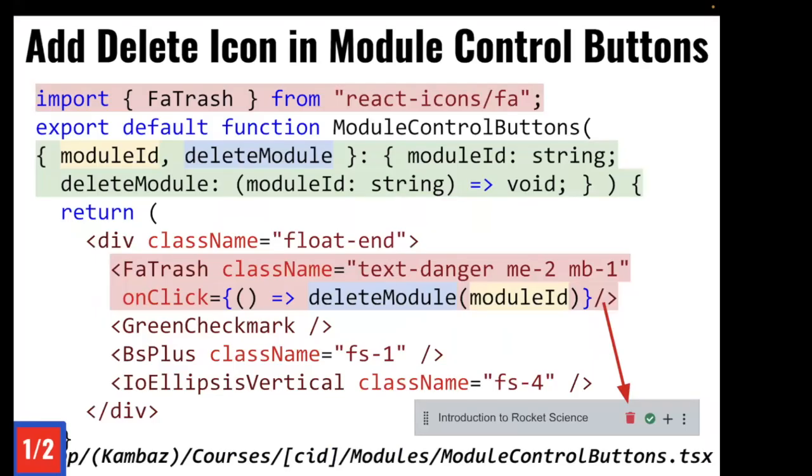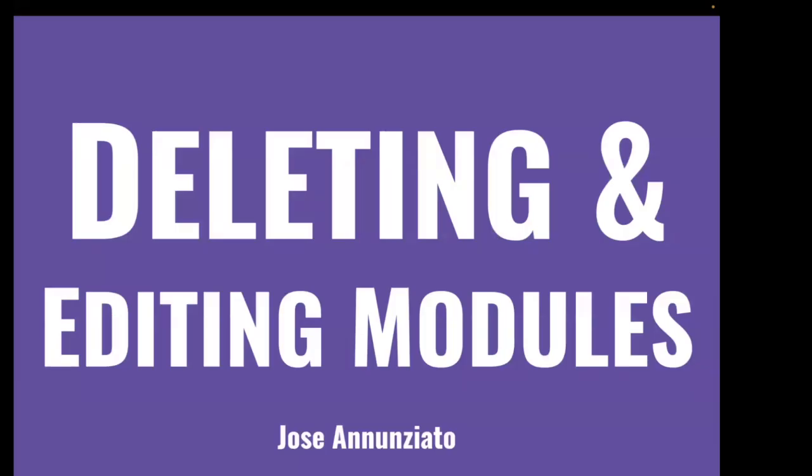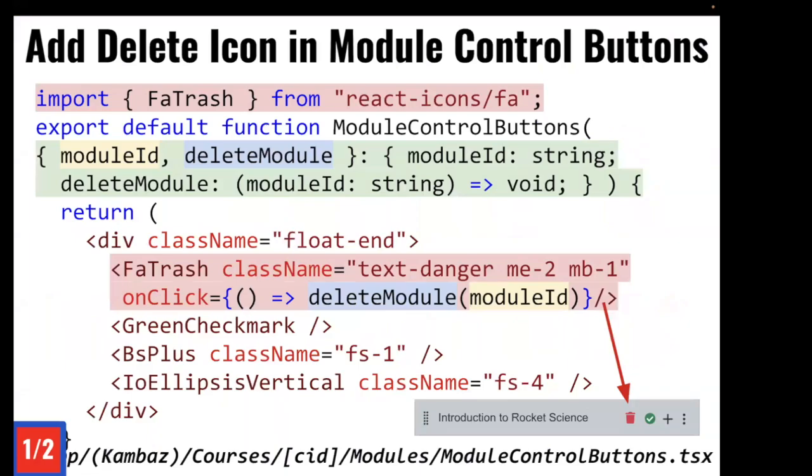All right. So what about deleting and editing modules? What we're going to do to implement editing, right? We had implemented a module controls buttons component that implemented the buttons for each one of the items as we're iterating, that had the check mark and a plus and so on. So we're going to add a trash can here.